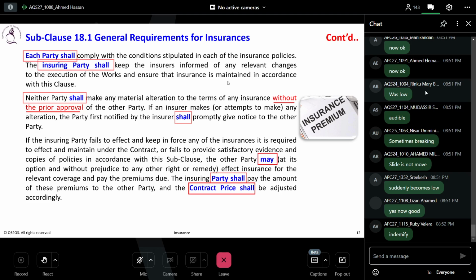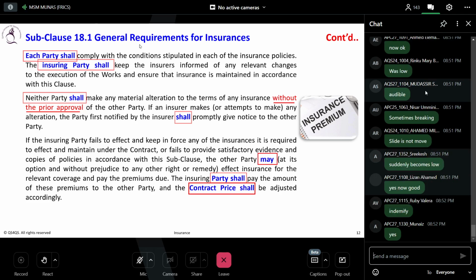You can raise a claim, vice versa. What I said before. Now the employer is the insuring party, but he didn't extend the validity period. What can we do? The contractor can raise a claim. The contractor should do it, must do it, and then claim it.